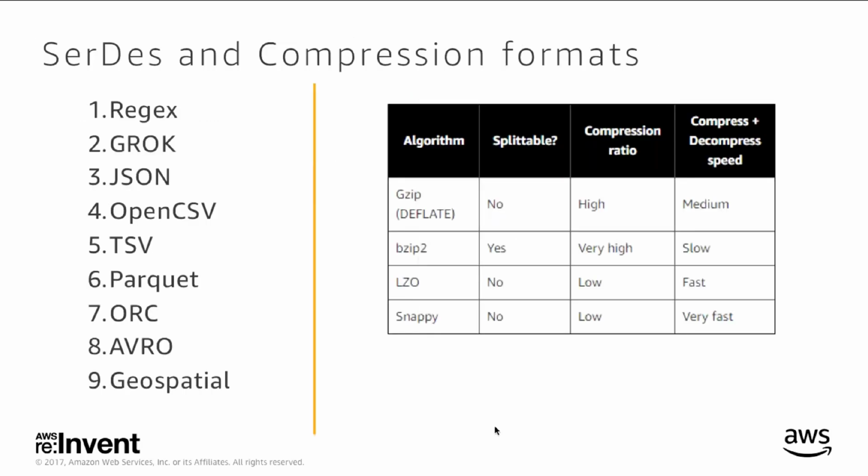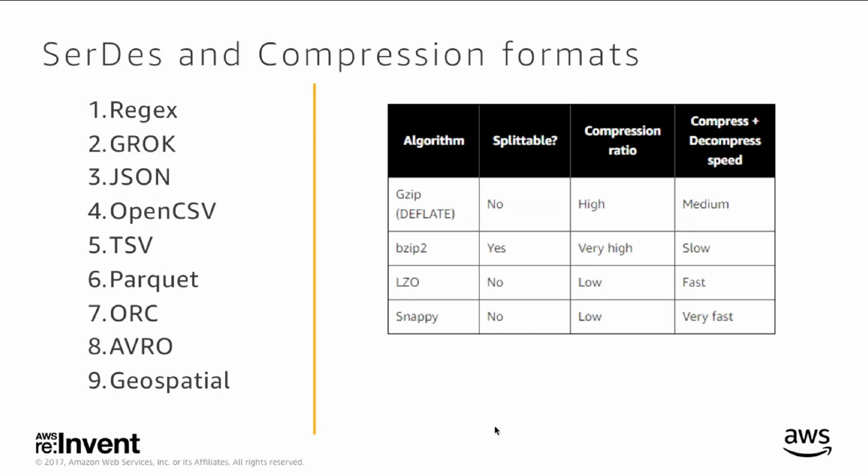SerDes are serializers and deserializers. Those are basically processes that we use within Athena to process or extract the relevant rows from different file types. So there's regular expression; Grok is basically a named regular expression pattern, very easy to use when you have log data or structured text.